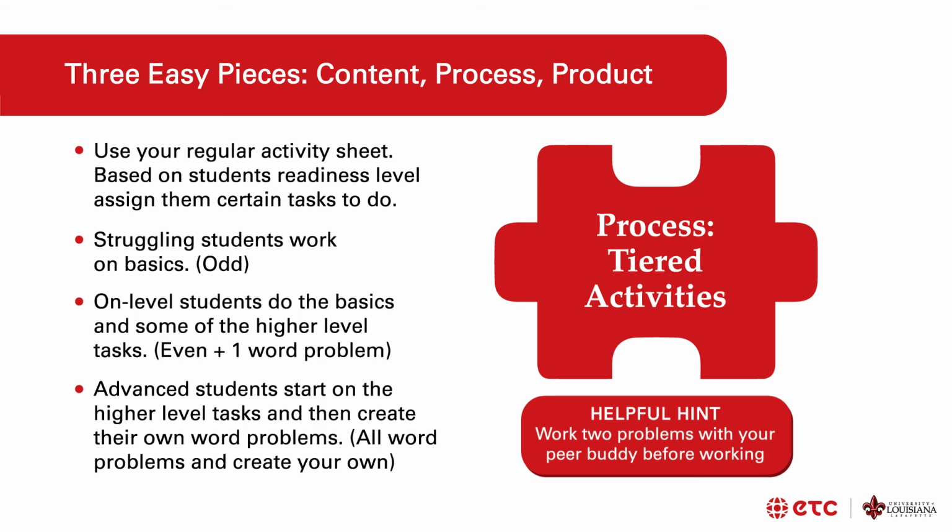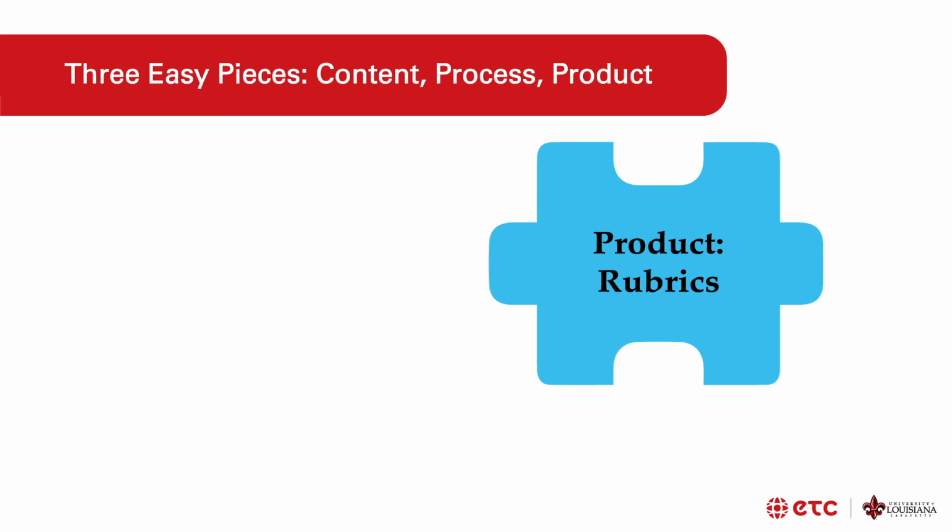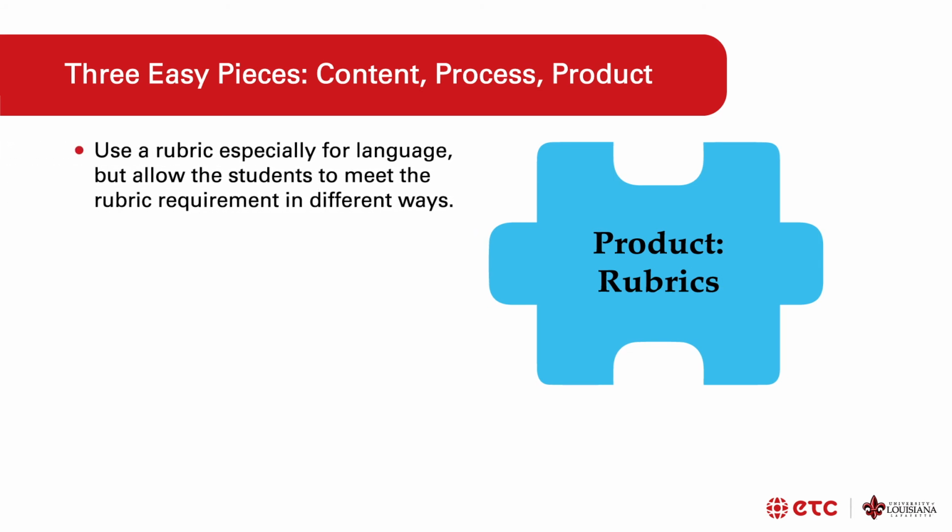And if you've done your anchor activities and have a choice board or an early finisher poster, even when your mid and your advanced students finish the work that you've given them, they still have something to do so that they are not interrupting your small group work. This all works together. Finally, in terms of process, rubrics are really helpful in order to make sure the students are assessed on the same content at the same level, but it allows them some freedom in terms of the products that they turn in to you.